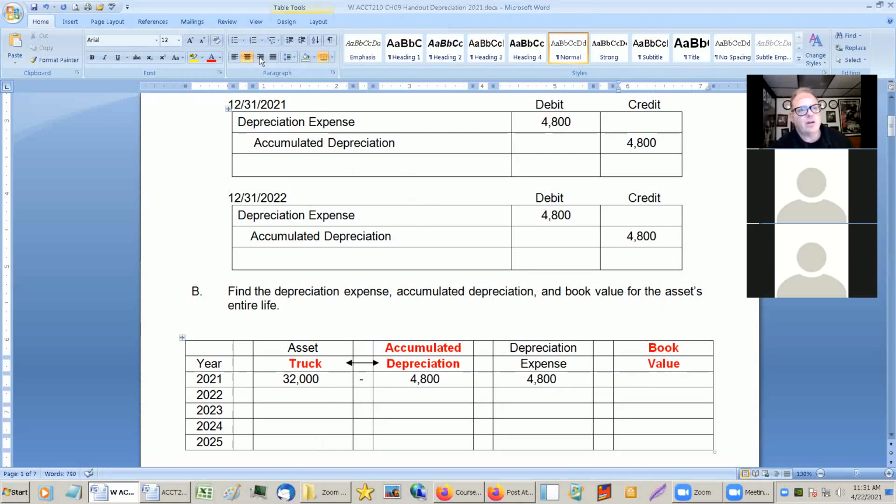Okay, time for Mr. Calculator. All right. 32,000 minus 4,800, 27,200. So that is this minus that.